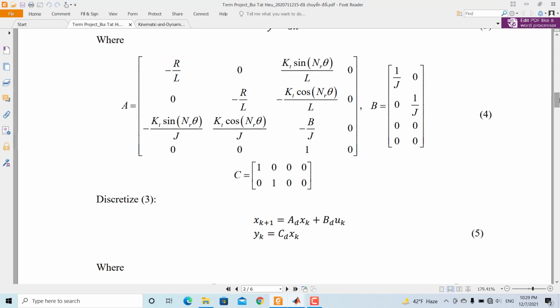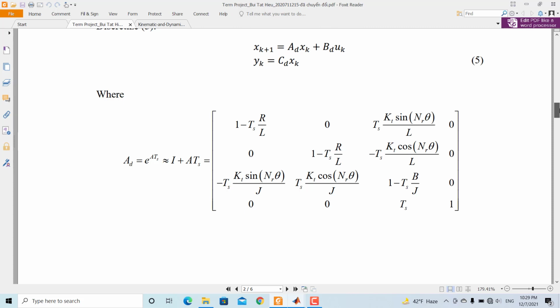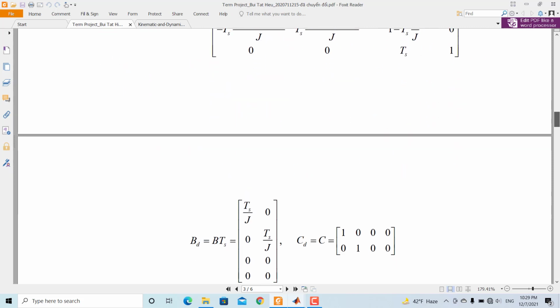Equation 5 is the discrete form of equation 3, and here are the matrices AD, BD, and CD.